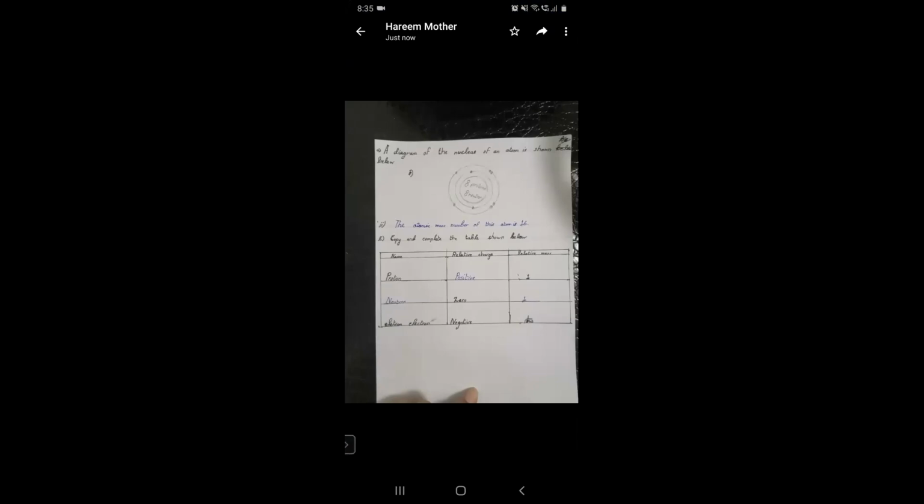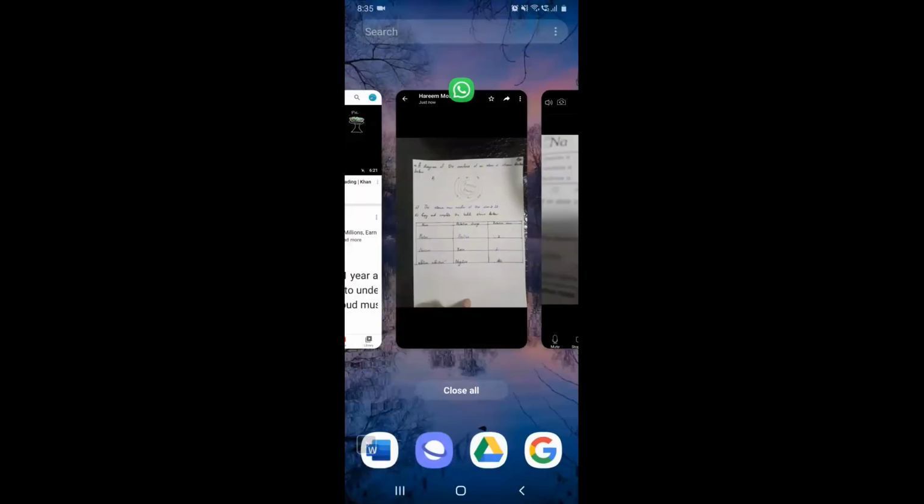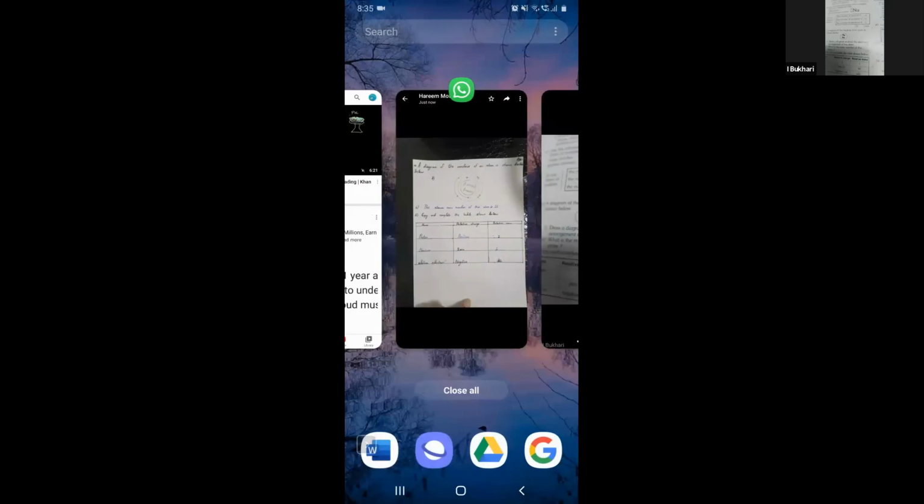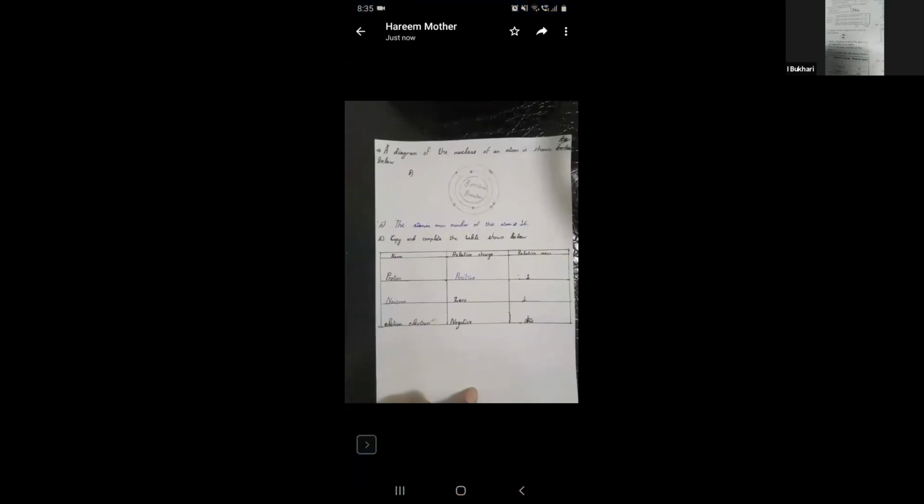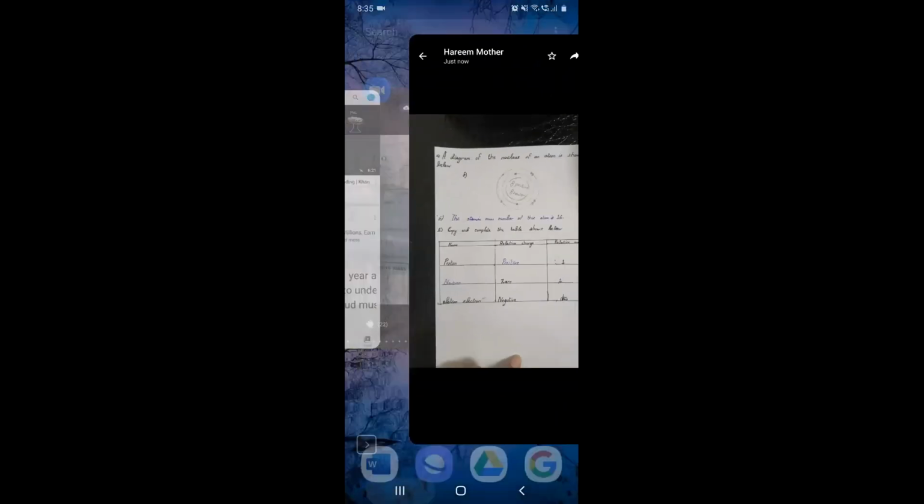It's still black. You cannot see your diagram, your question? I think you're having some Wi-Fi problems, Zorez.